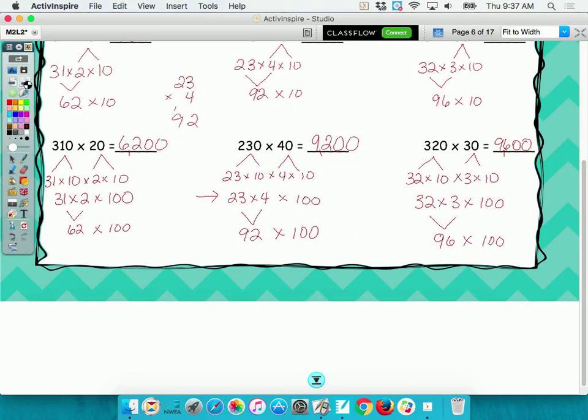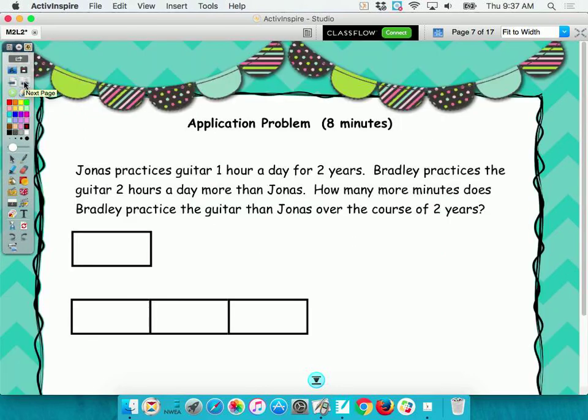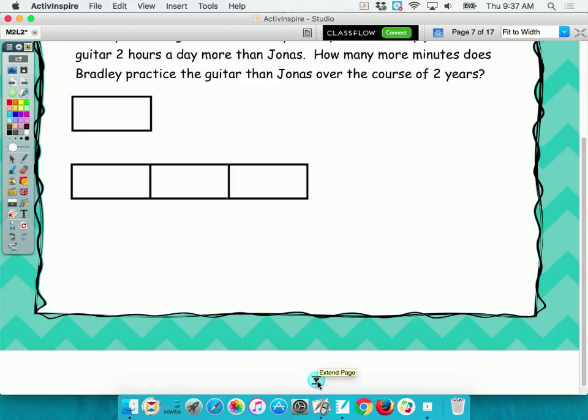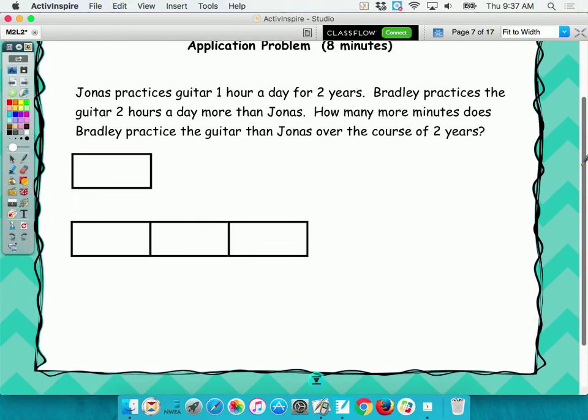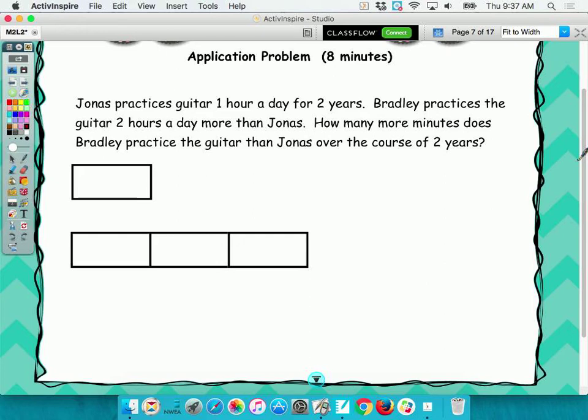Okay, this is a really good problem right here. Looks like I already got you started, but I want to read the problem and then we're going to talk about it. It says Jonas practices guitar 1 hour a day for 2 years.